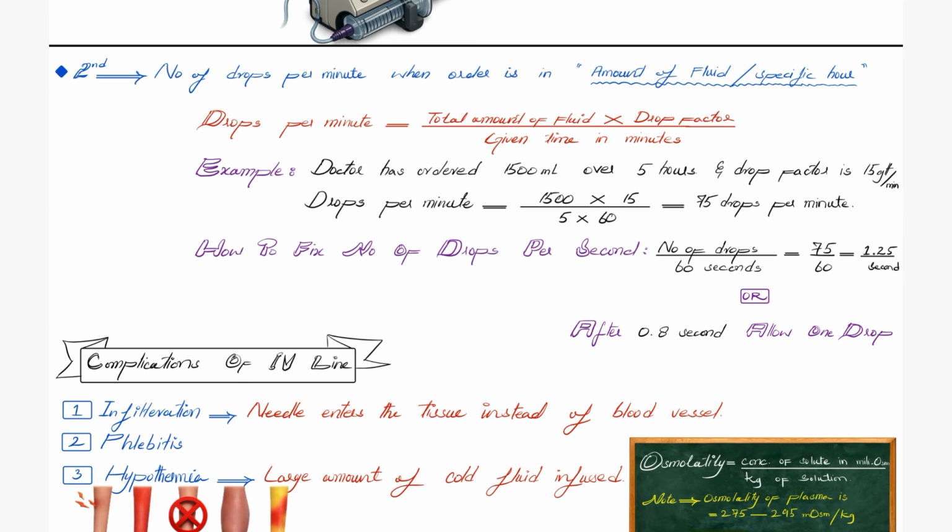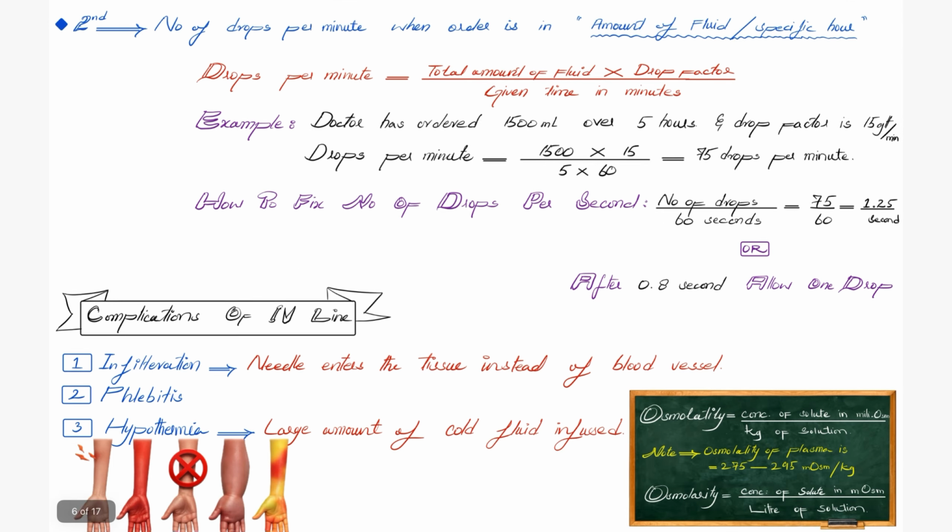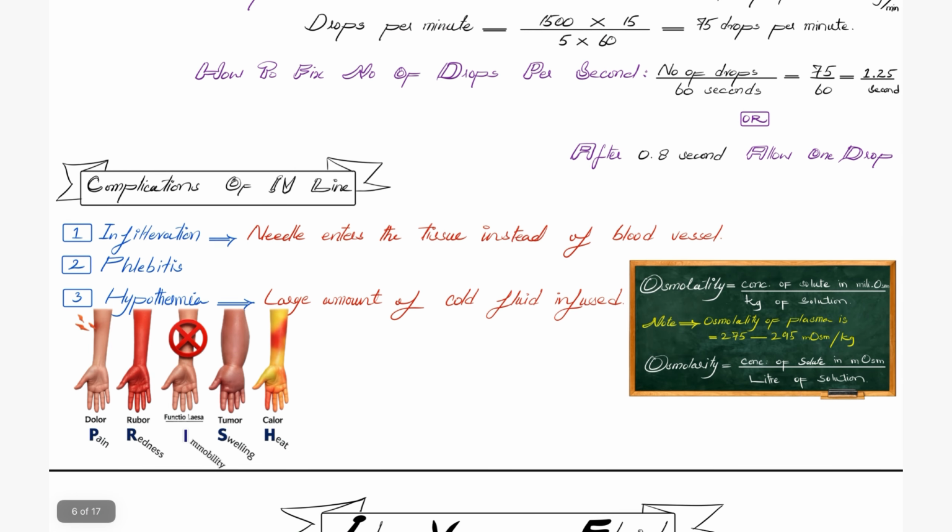And now to fix the number of drops per second, you should divide the total number of drops by 60 seconds and the answer will become 1.25 drops per second. However, you can make it easy for yourself: after every 0.8 second allow 1 drop. So this was how the infusion rate is set.